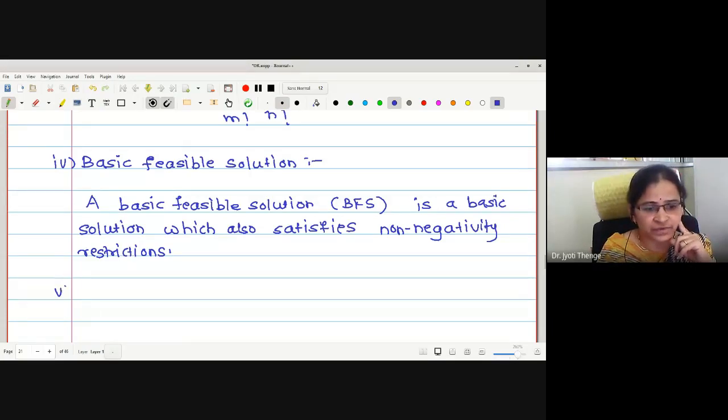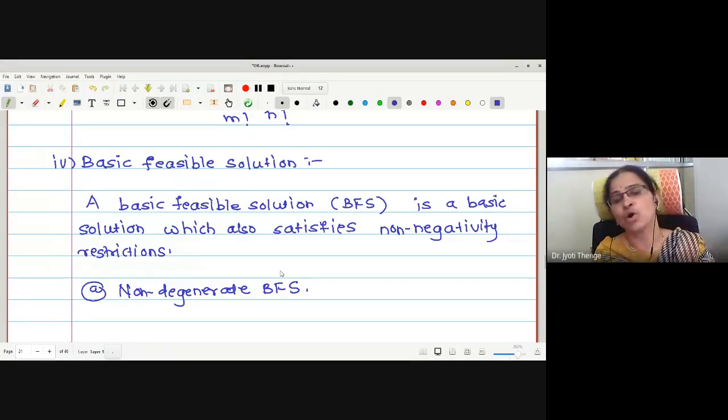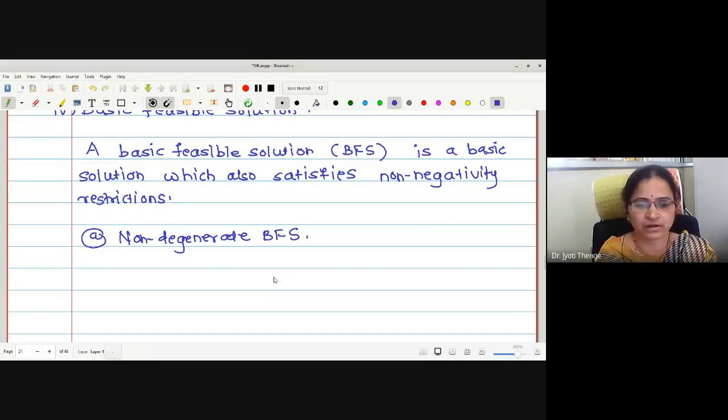What is the next definition? Not next, actually, here itself we have a sub point: non-degenerate basic feasible solution. Non-degenerate means all the values of the variables are positive. And degenerate means some of the values of the variables are zero.